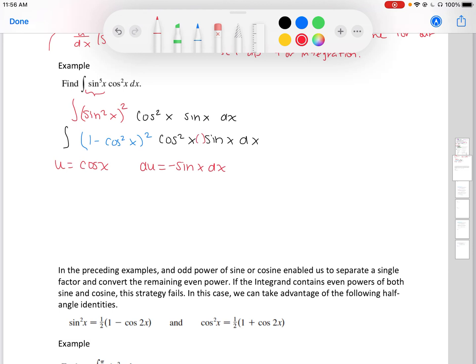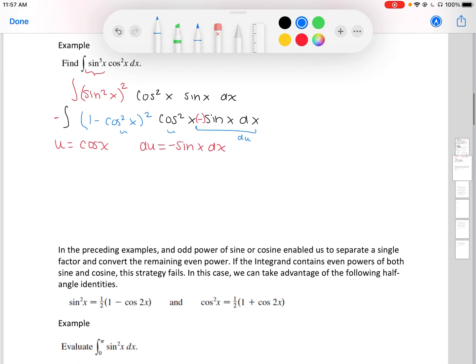So I need to incorporate a negative, and then I need to incorporate another negative, because a negative times a negative is a positive, and that way I didn't actually change the value of my integral. Okay, so we see that here we have our du. We replace our u's, so we can write our integral to be negative, 1 minus u squared, times u squared du.